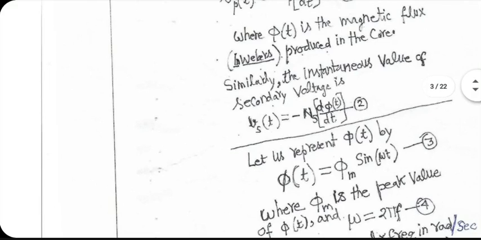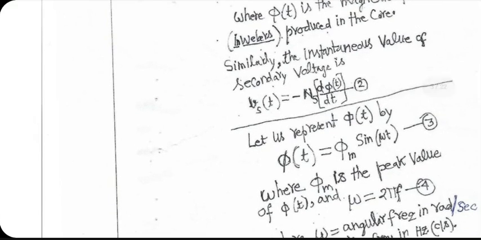Now, suppose phi is known to us and can be written as a sinusoidal function. We are talking time domain right now. In the time domain, it is written as phi m sine omega t, where phi m is the peak value of the flux. Flux is measured in Weber. Omega is, of course, 2 pi f. You know that quite well.